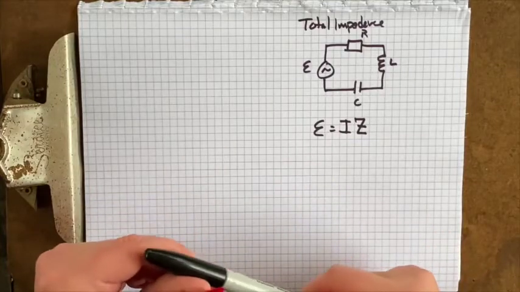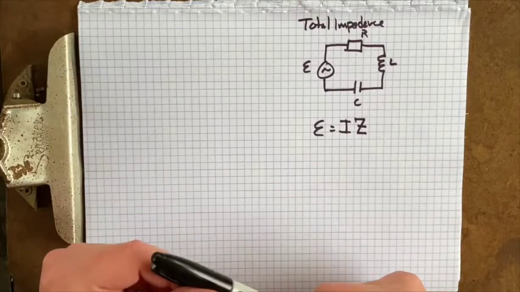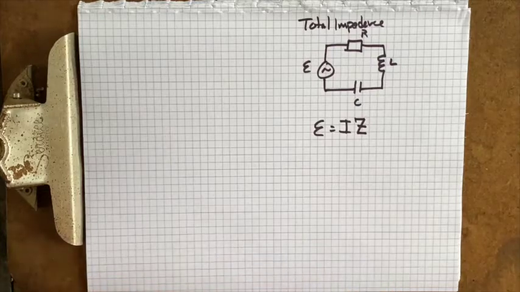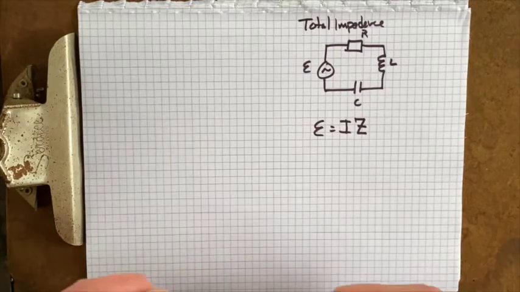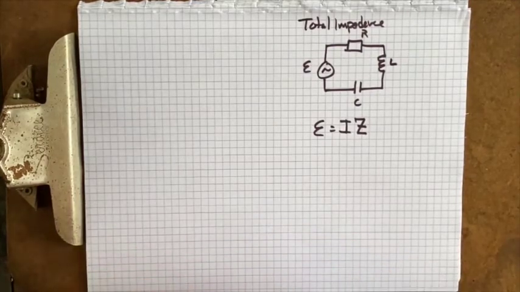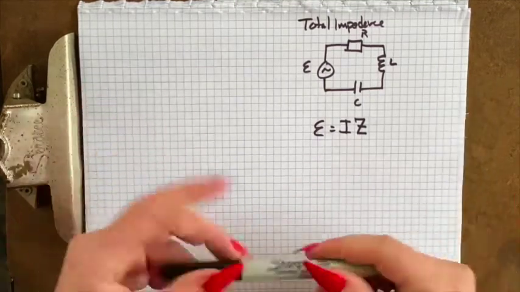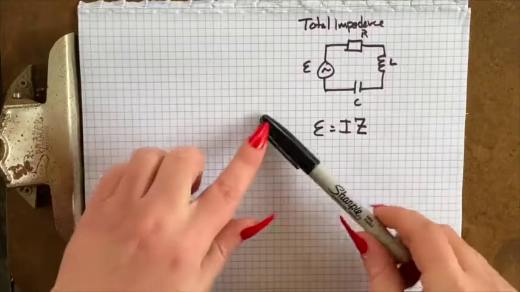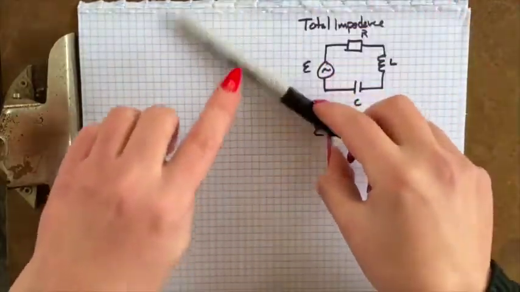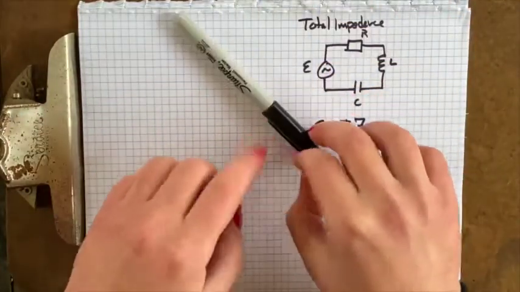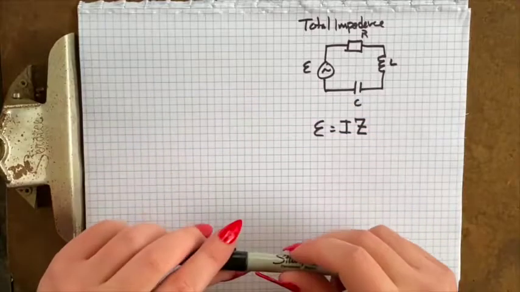So it might be useful for us to represent this in a slightly different way. And that's where the phasor diagram comes from. So first things first, it is possible for us to represent some kind of a sine wave as just a vector spinning in some kind of space. And we'll call that a phase space.